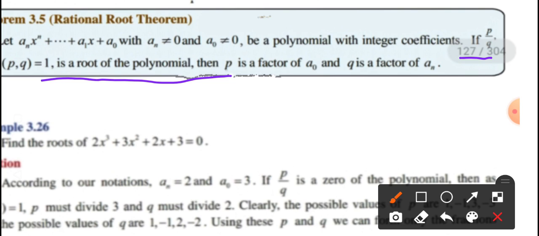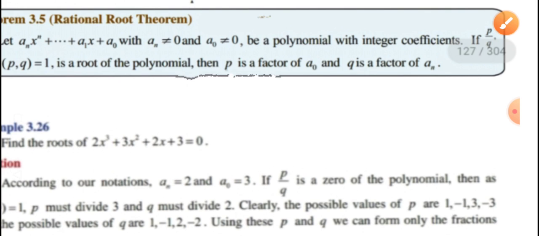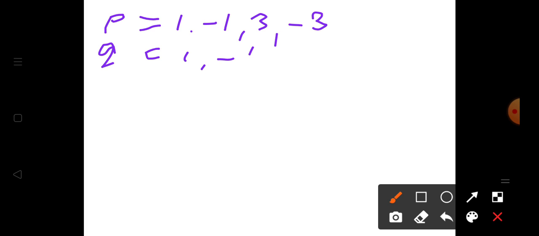Here the p values are 1, minus 1, 3, minus 3, and the q values are 1, minus 1 and 2, minus 2.